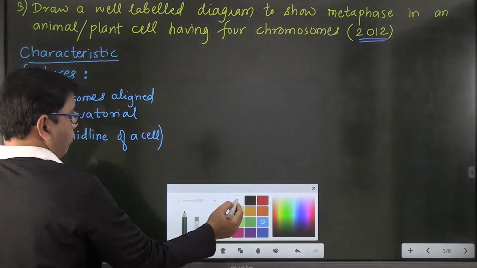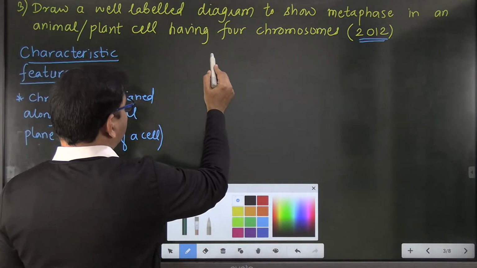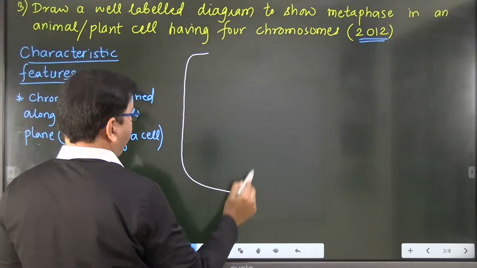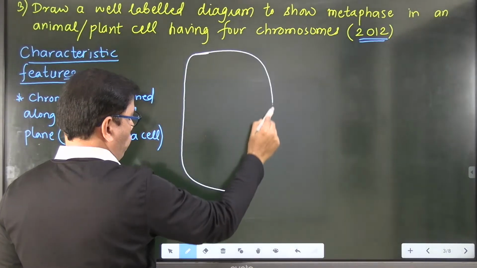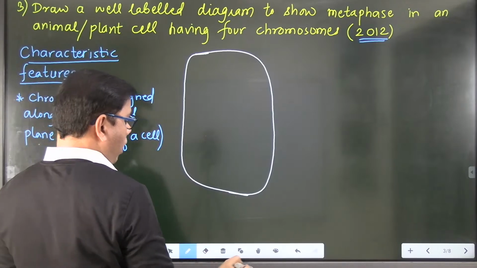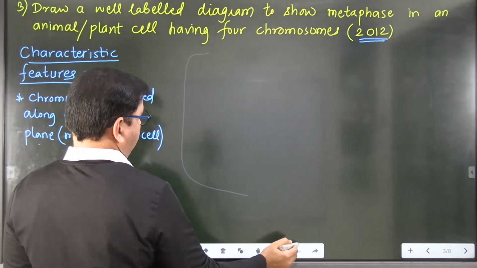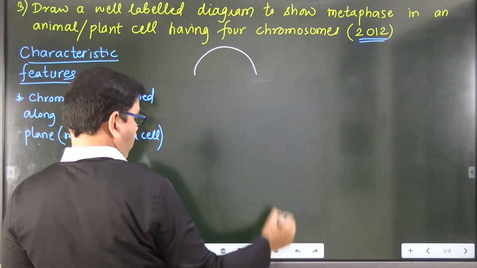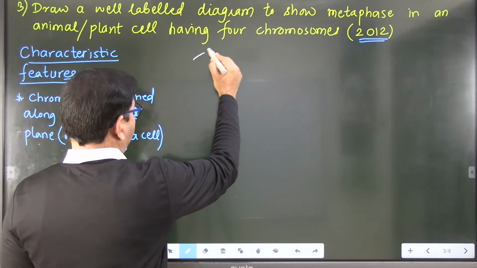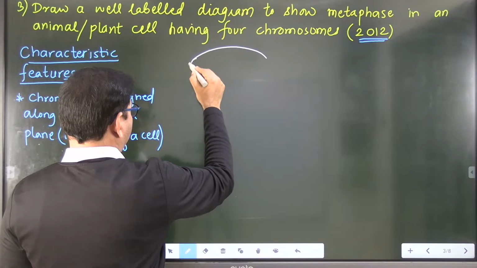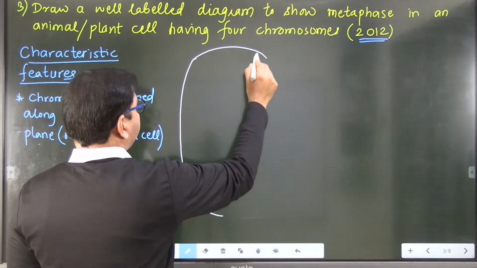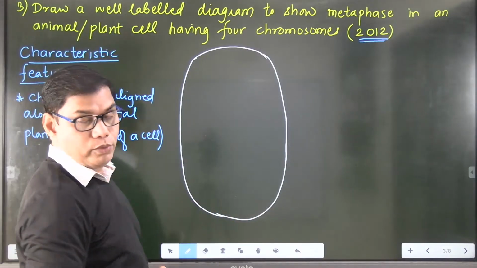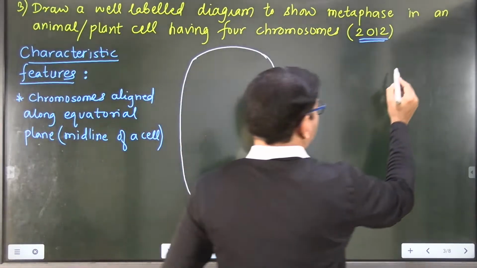Okay, fine. So oval shape for the animal cell, I'll do a better job. You can use your entire page. The bigger the diagram you draw, the easier it is.